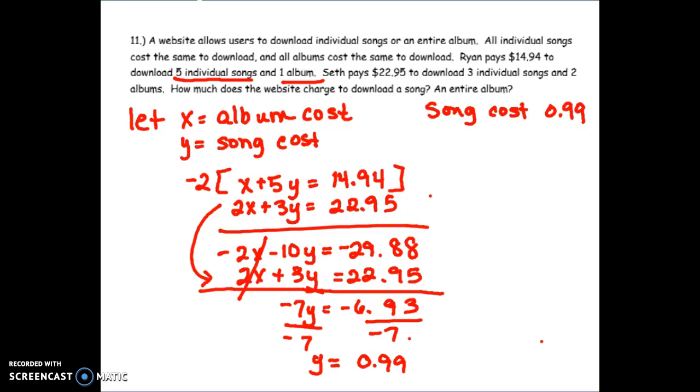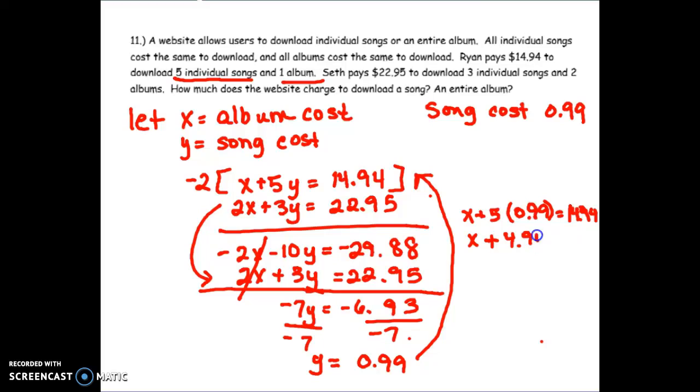And my album, if I plug it back in, all right, let's plug it right back in here. My X plus 5 times 0.99, I got $14.94. Okay, when I multiply that through, X plus, all right, this is going to be $4.95 equals $14.94.